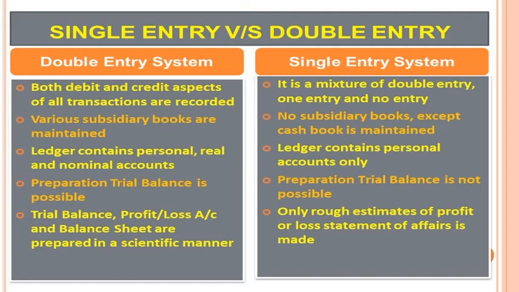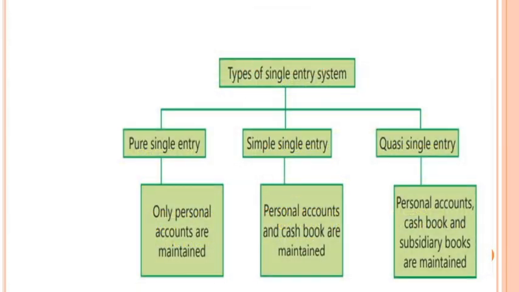But in single entry, we make only rough estimates of profit or loss by the statement of affairs method, by preparing a statement of affairs. We can't call it a balance sheet; we call it a statement of affairs. That is the difference between single entry and double entry system.